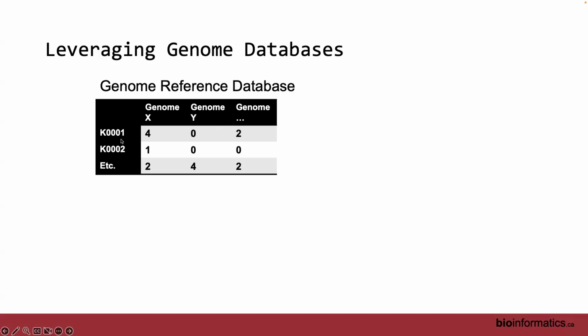Just think of it as a gene family. If we count up how many occurrences of that gene family exist within that genome, we'll put a number here. And where it's absent, it's obviously 0. So you can think about annotating genomes and then reducing that down to just the presence, absence, and the number of genes or pathways within those genomes. And so that's our reference database.